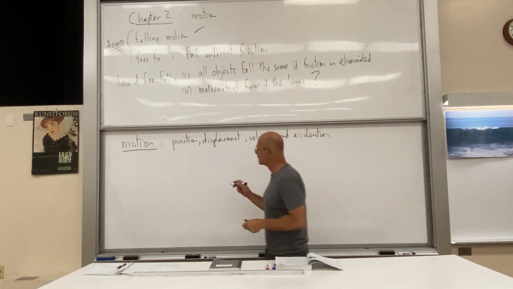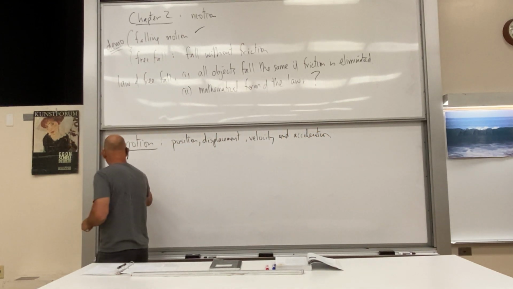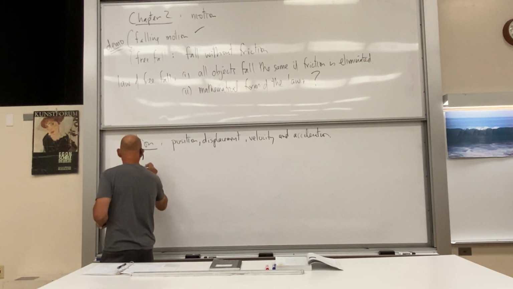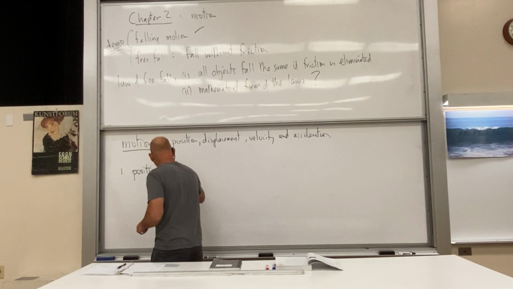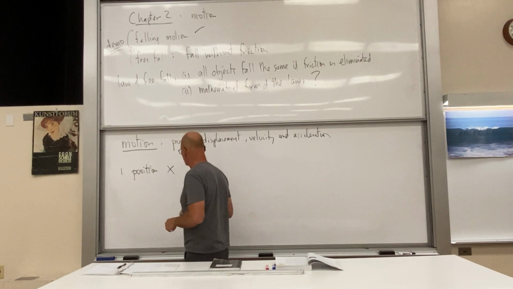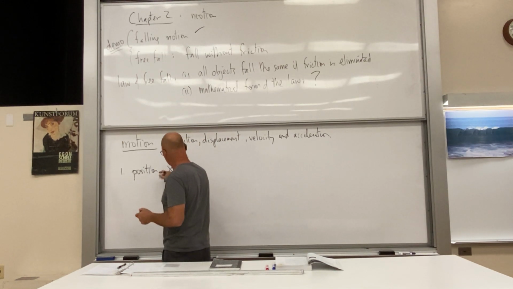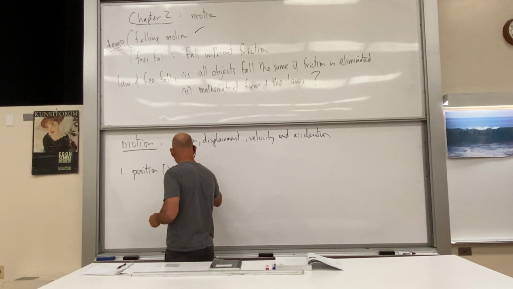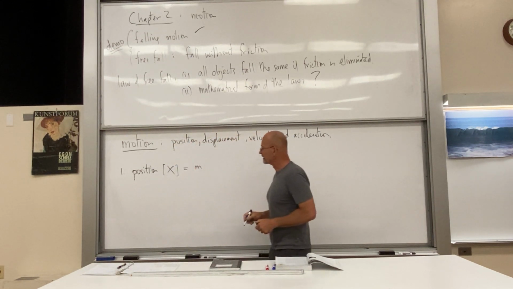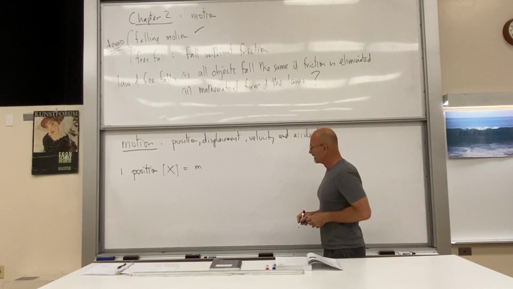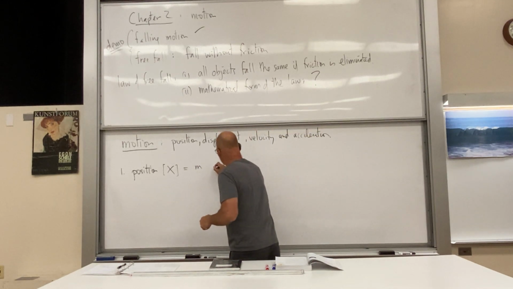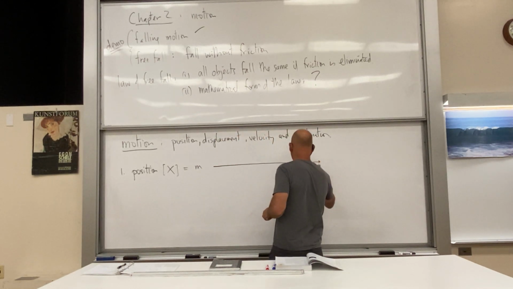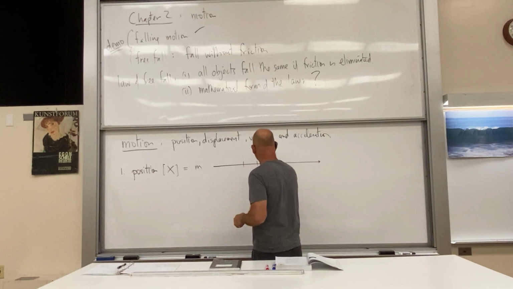So position first. We're going to use the letter X for it. And X is a position. It has the dimensions of length or meters. Okay. Position. And what that is is just the location on a number line.